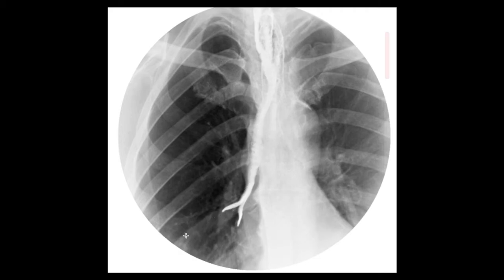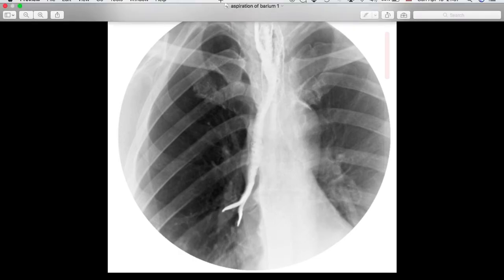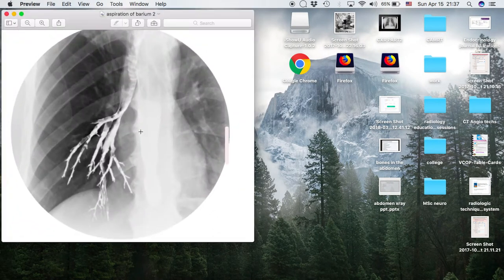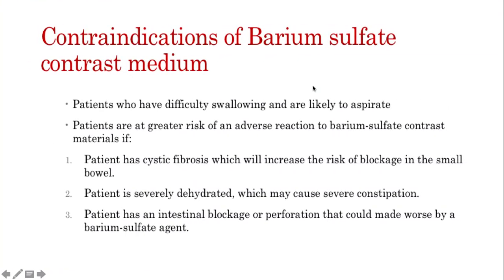This is the right main bronchus and traveling down. So this is one image, and this is the second image. See, it went through the bronchial tree, forming a radiographic appearance called air bronchogram. So it's a very dangerous thing once the patient aspirates barium sulfate.